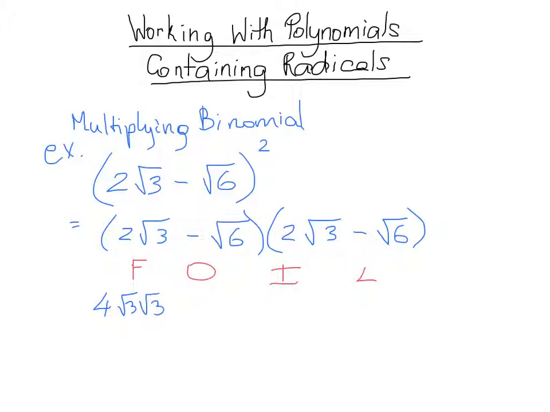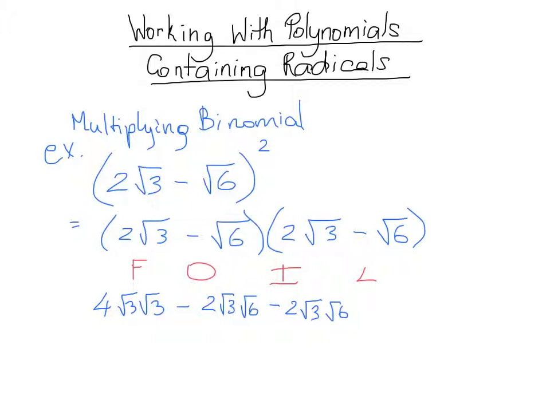Plus, alright, it's actually outer, so that times that gives us minus 2 root 3 root 6. Inner, so the inner terms here give us minus 2 root 3 root 6.